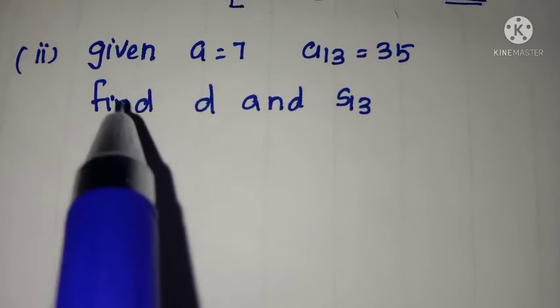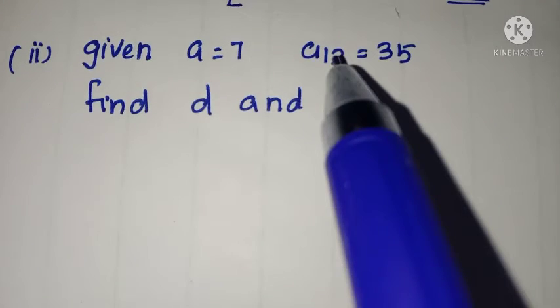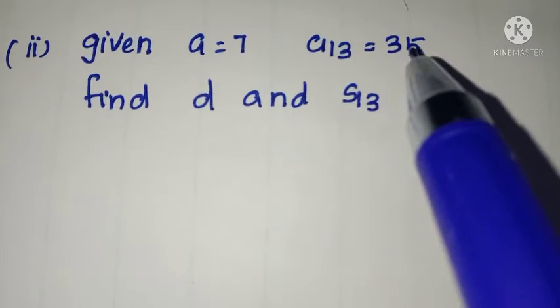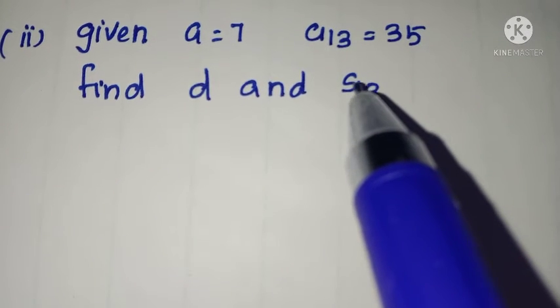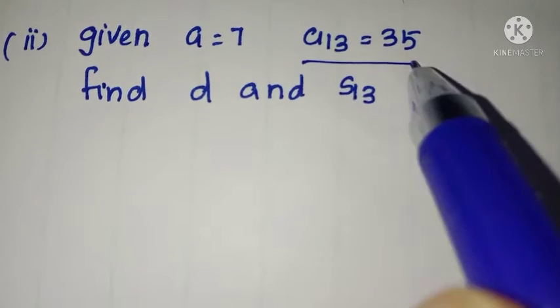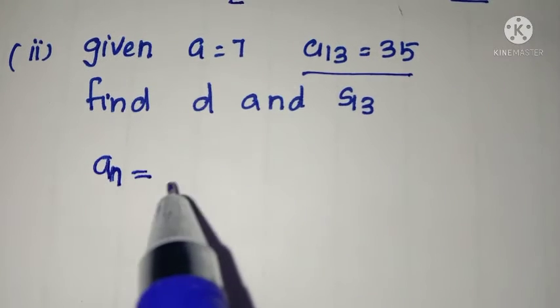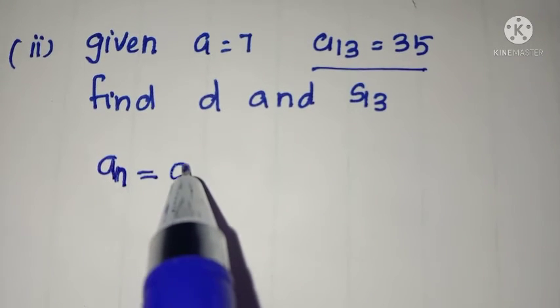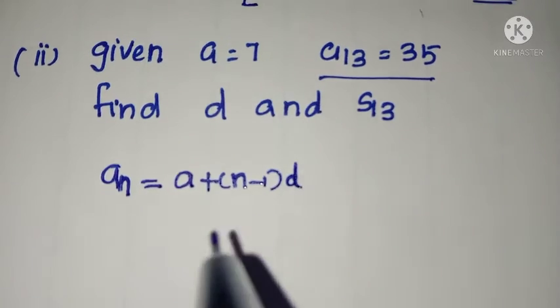Now second sub question. Given first term is 7, a13, 13th term is 35. Find common difference and sum to 13 terms. Okay. So a13. Let's start with an. What is the formula for an? an is a plus n minus 1 into d.